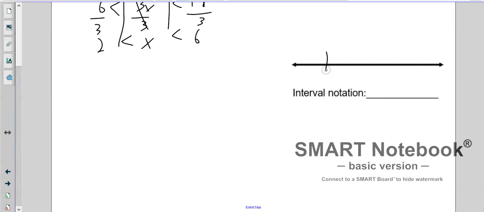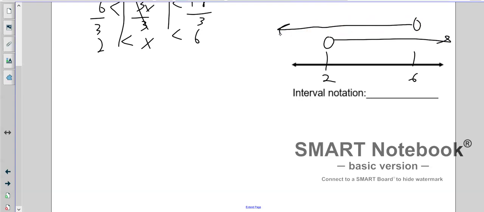So it's greater than 2, which means it goes this way. It's less than 6, which means it goes that way. Well, let's pick a number out here, like 7. Is that greater than 2? Yes. Is it also less than 6? No. Let's pick a number right here, like 0. Is it less than 6?